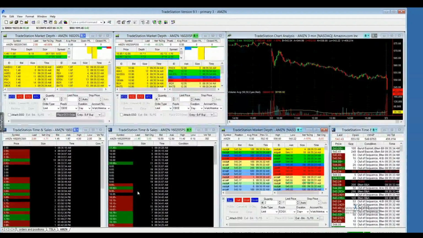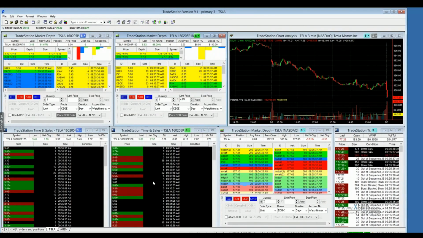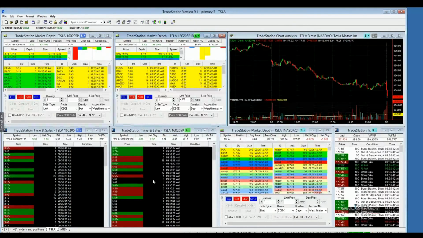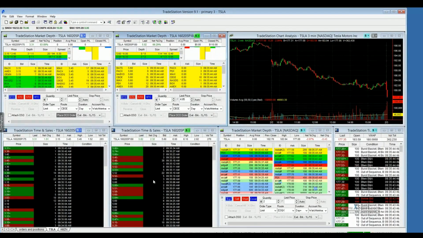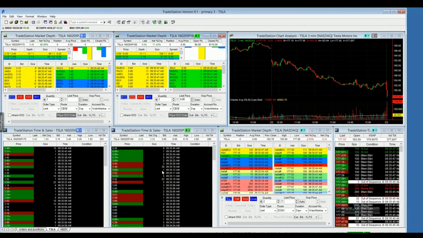I switch over to Amazon, just going to look at it, but we're going to go back to Tesla. And you look at those puts now, they're up to $6. Now we're testing 177.